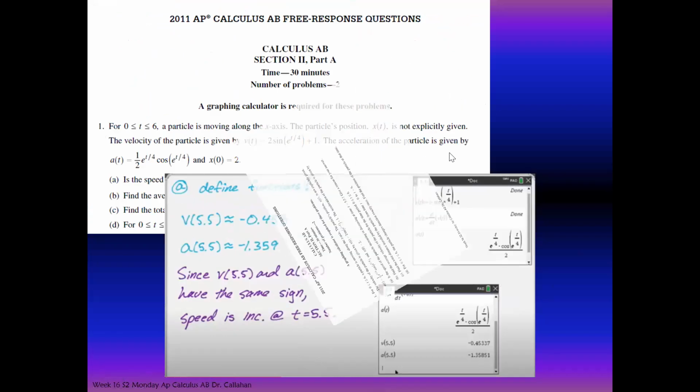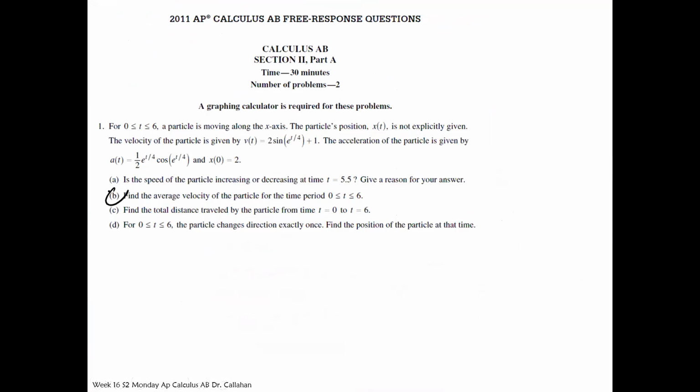Okay, let's take a look at the second part, which is B. For B, it's just find the average velocity of the particle between the time 0 to 6. If it's asking for the average velocity, what it's asking you for is the average value of the velocity function.